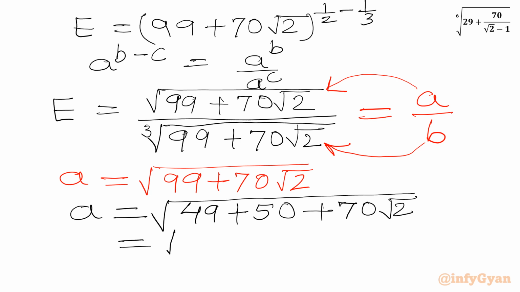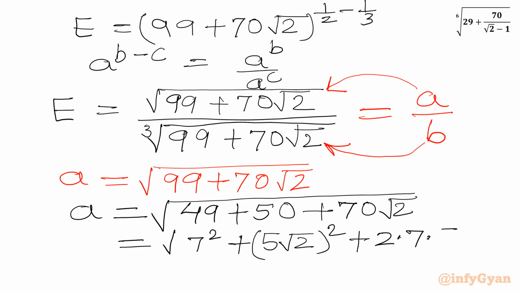Now 49 can be written as 7 square. 50 can be written as 5 root 2 whole square. 5 square is 25, root 2 square is 2, 25 times 2 is 50. Plus 2 times 7 times 5 root 2 is 70 root 2.